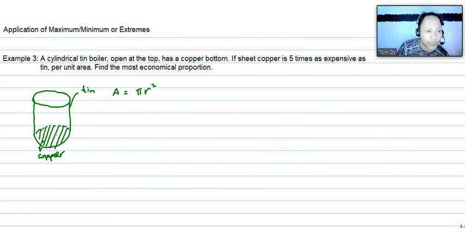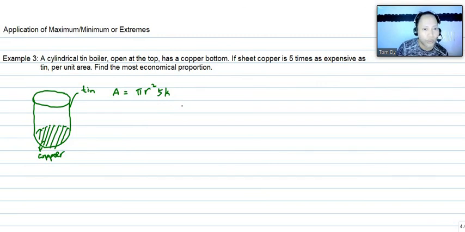We will solve first the area of the copper. Take note, this is the area of the copper, that is pi r squared times its cost, which is 5 times the cost k of this material.